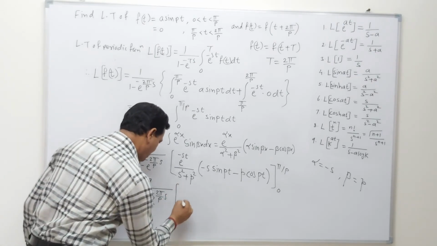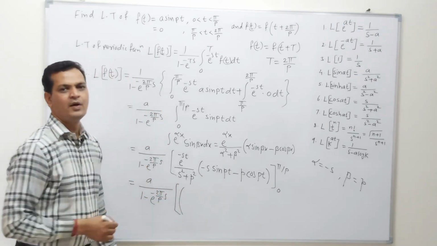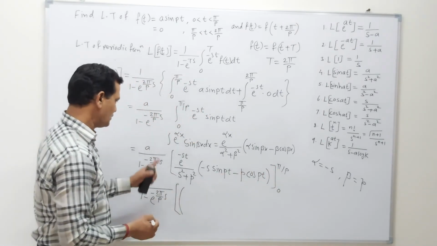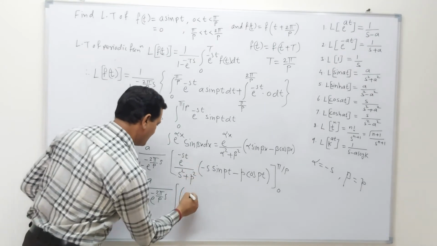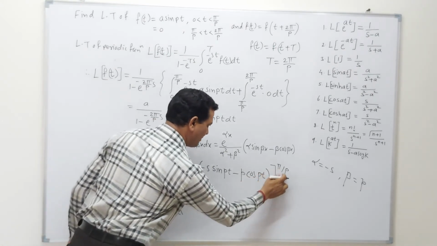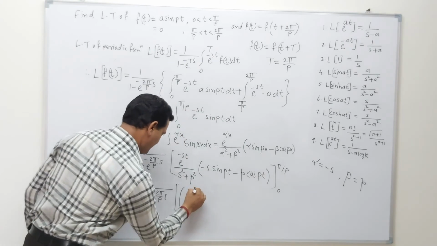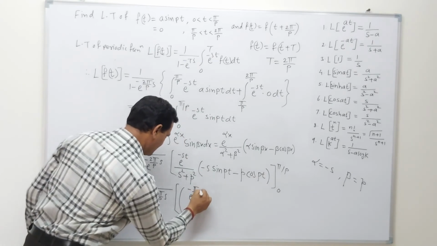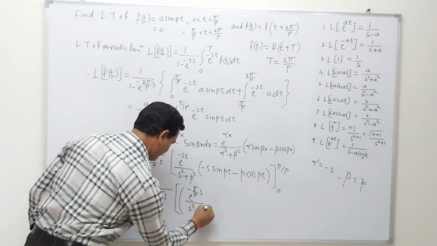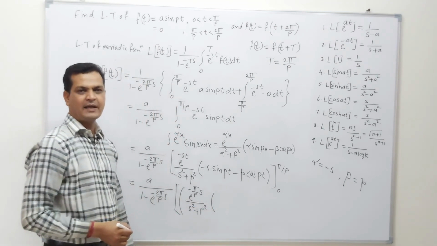Then we put the value of the upper limit, so write down one circular bracket. Here the value of the upper limit is π/p, so we can write this as e raised to minus π/p into s upon s square plus p square, again in bracket.